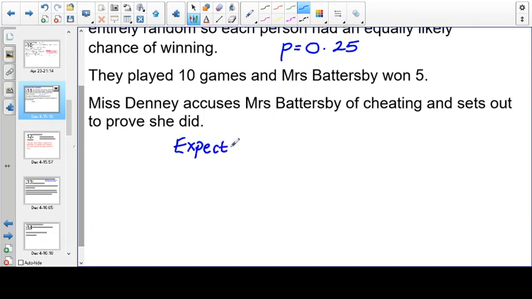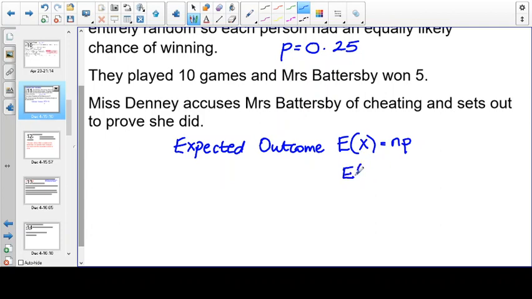So the expected outcome is, in this case, the expected number of wins. The notation for the expected outcome is E bracket X. E stands for expected, and the X is the random variable, which is the number of wins in this case. To work it out, we do N, which is the number of trials, times the probability of success.